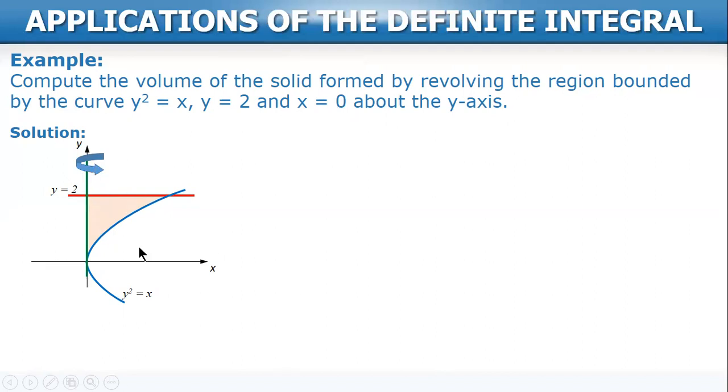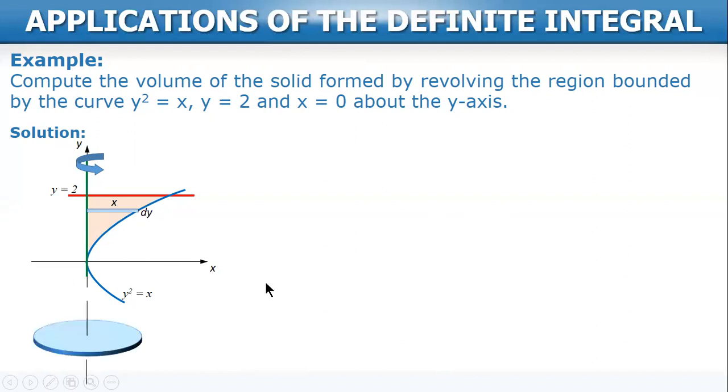So therefore, our strip must be horizontal since our axis of revolution is vertical. Okay. This is our strip, and of course, x right and x left, but x left is equal to 0 since it touches the y-axis. So we have x right or simply x, and then thickness niya dy.